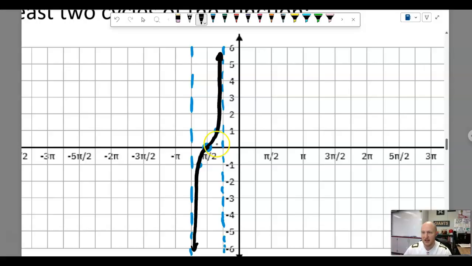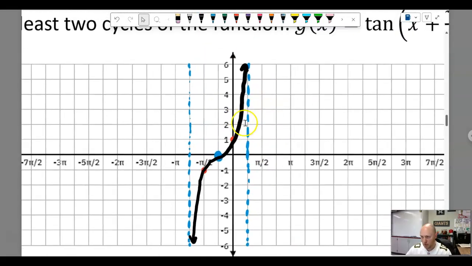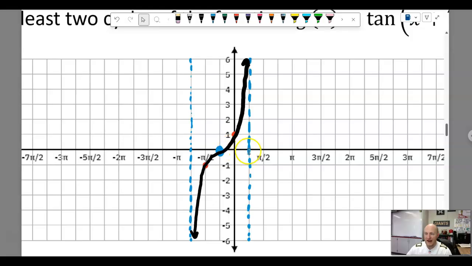I forgot to talk about this in the last example. I guess I can throw it back in. But this is going to repeat. So, up here in this example, my asymptotes are going to repeat every pi. So I could go ahead and graph 1, 2, 3, 4, and then all of a sudden now I have another cycle of this graph, right here and here.